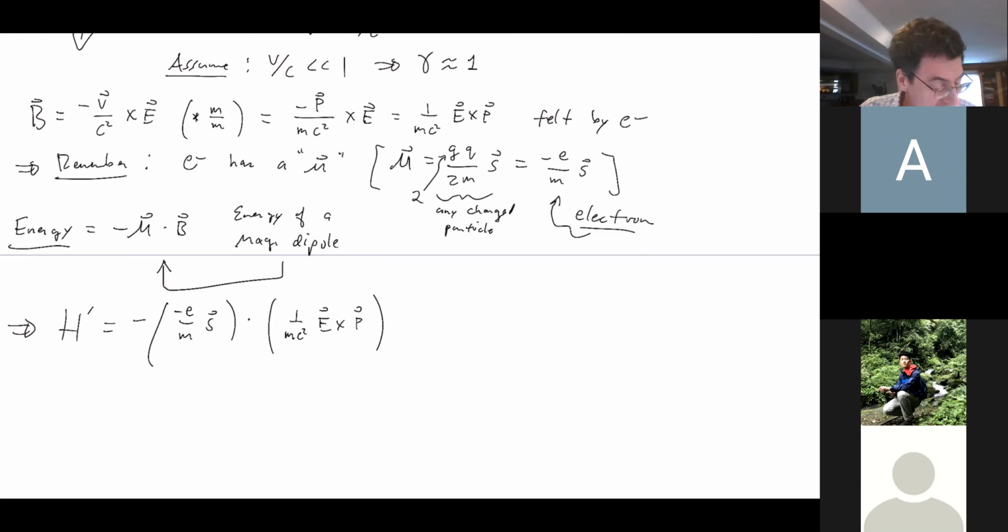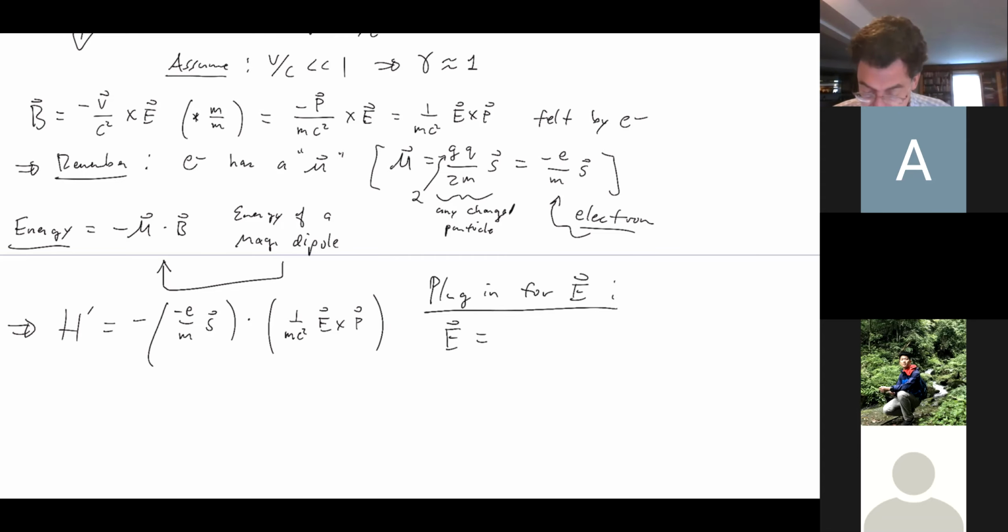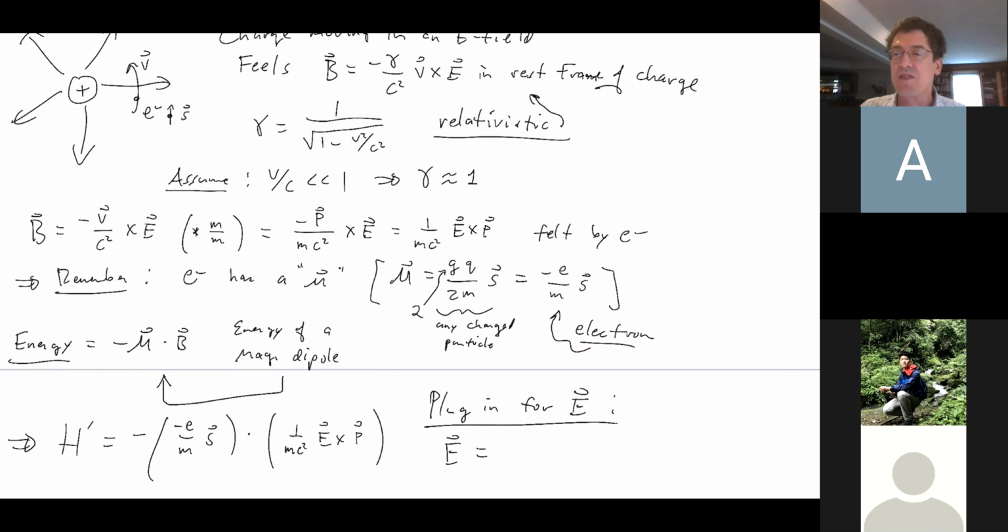And so now let's just do a little trick. Let's plug in the expression for E. Can anyone tell me what E is? The electric field, the little formula for the electric field, does anybody know it?